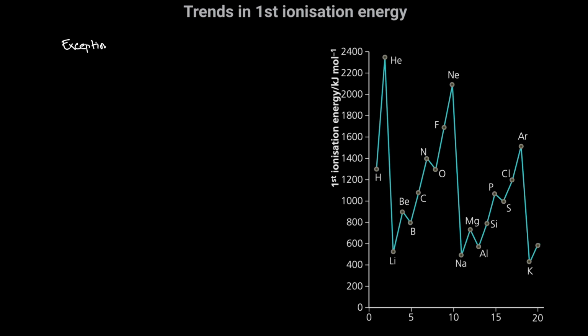We have exceptions in the first ionization energy trend across the period. The two exceptions that we see are when we go from group 2 to group 13. Those are the exceptions highlighted here.